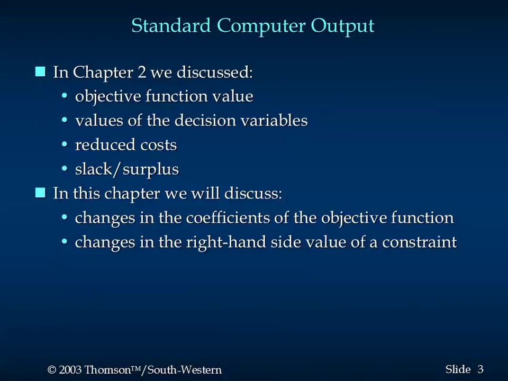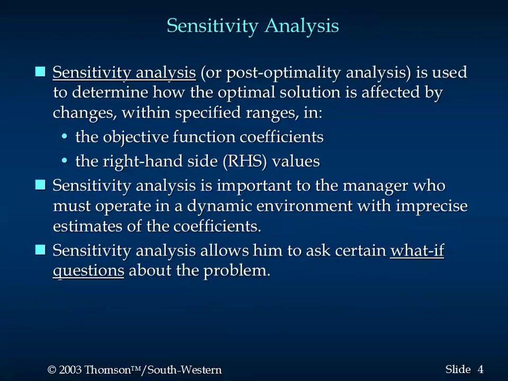Slack means how much less than the right-hand side is the left-hand side, and surplus means how much more than the right-hand side bound is the left-hand side, okay? So those are various things we had studied. And now we're going to look at changes in objective function coefficients and changes in RHS bounds, okay?